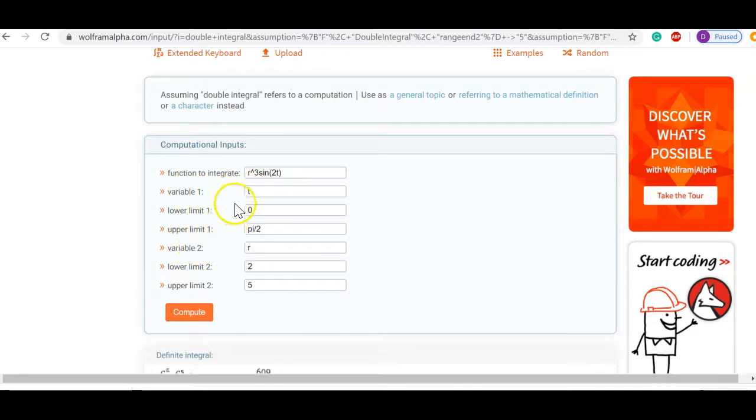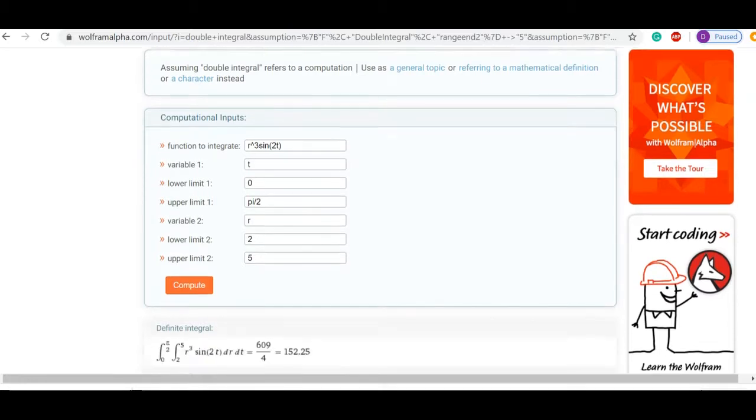Okay, so it's kind of reversed to the way that we did it. We did dr d theta. So this is doing the outer first, so theta 0 to pi over 2, and then the inner. The way you can check that, it doesn't matter here because we had constants in both lower and upper limits of integration.